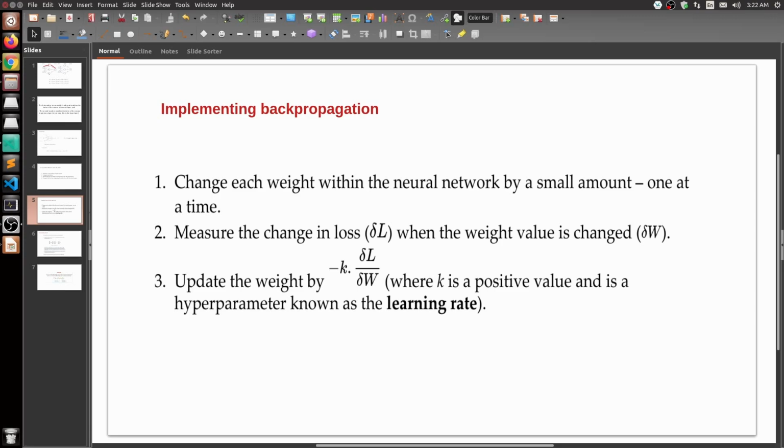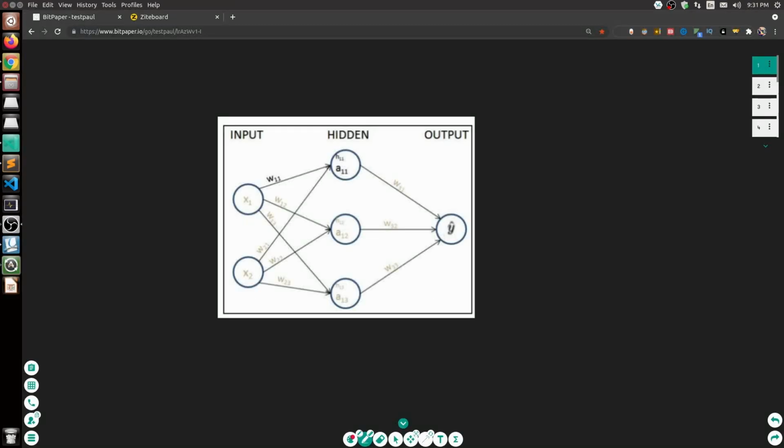And those rates of change are all determined and controlled by this all-important factor, the gradient, that is del L del W, and we will calculate it with the application of the chain rule of differential calculus. Now, before going into the details of the actual calculation with the chain rule, let's understand why we need the chain rule in backpropagation at all.